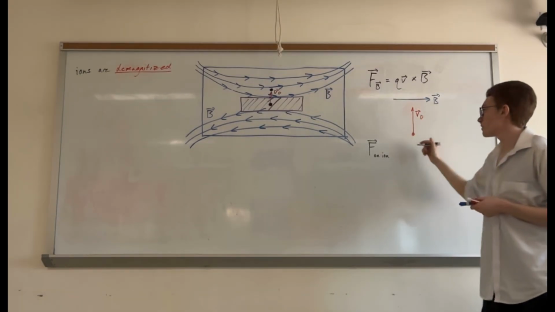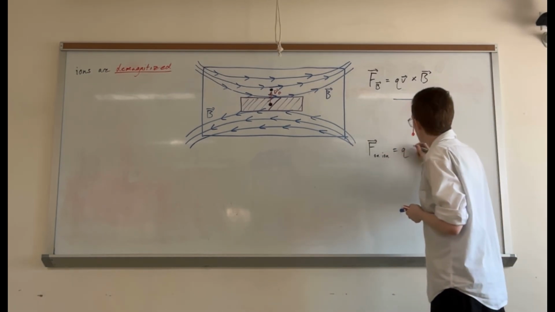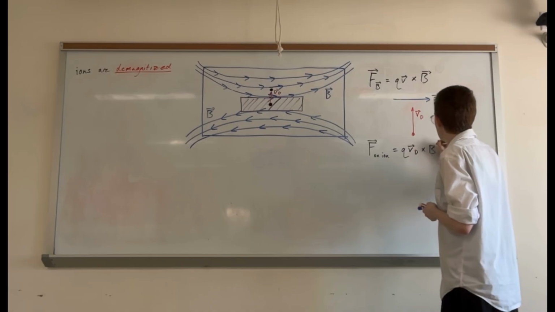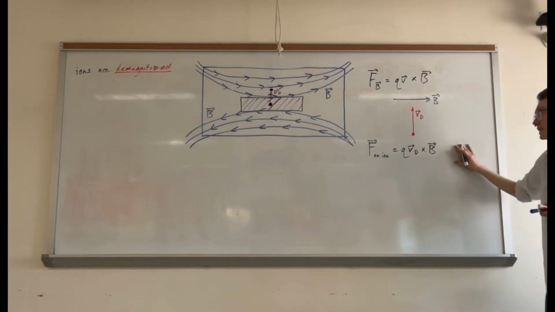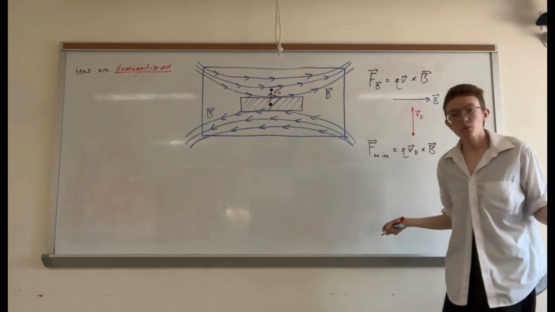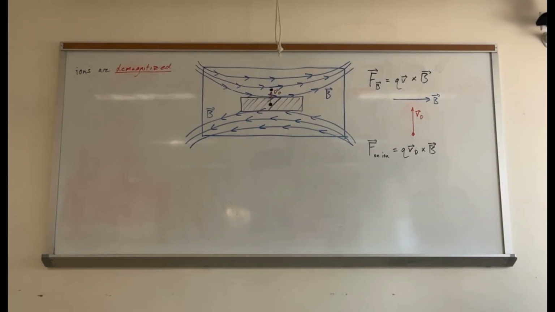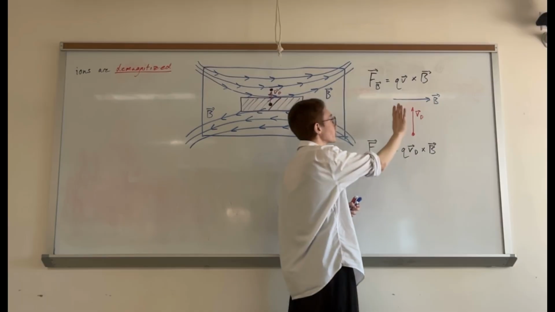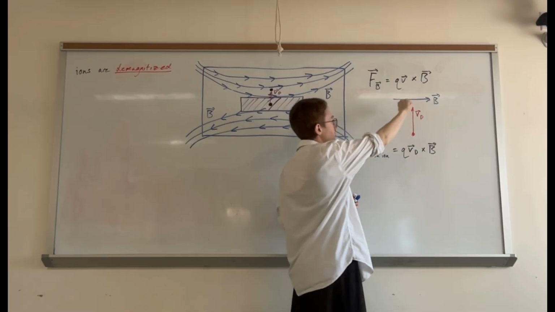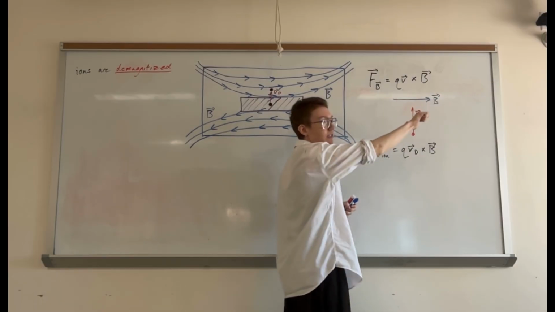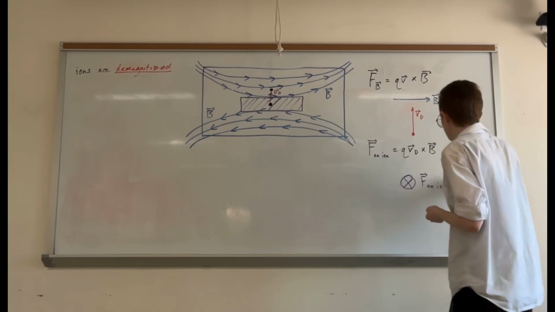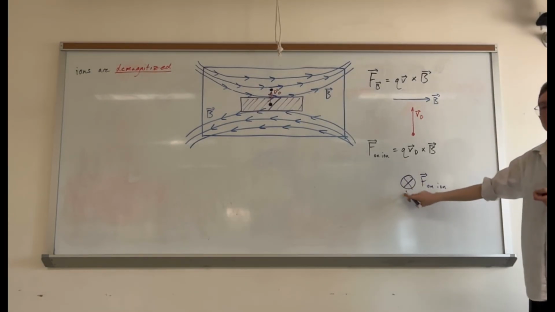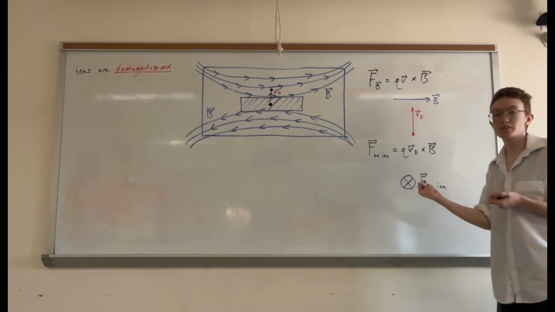The force on this ion is going to be QV_D cross B. So let's do our right-hand rule here. We have V_D, put our finger this way, and then cross B. So the force should be going into the board. So this is the direction of our force. If you've ever seen this symbol, this just means into the board, so this way.